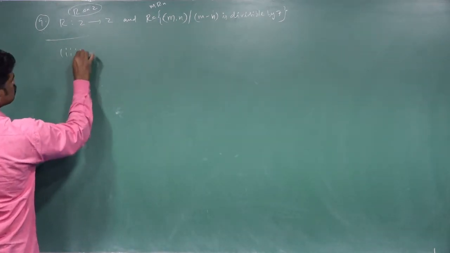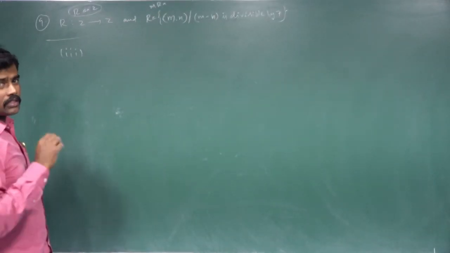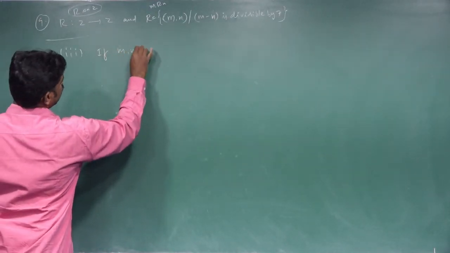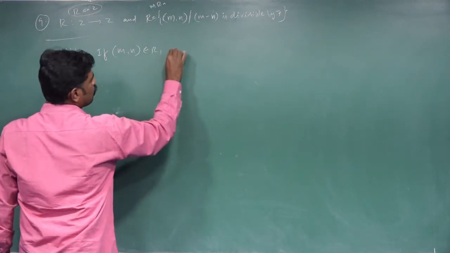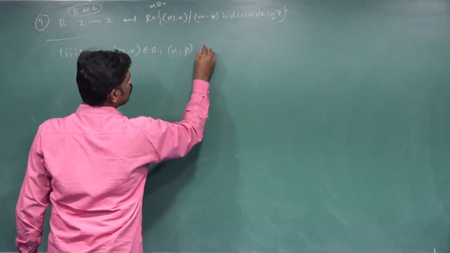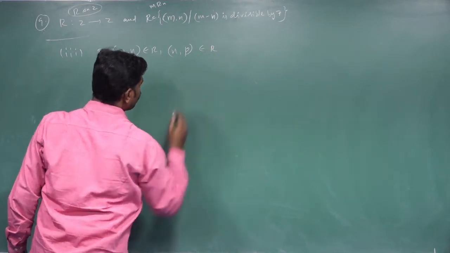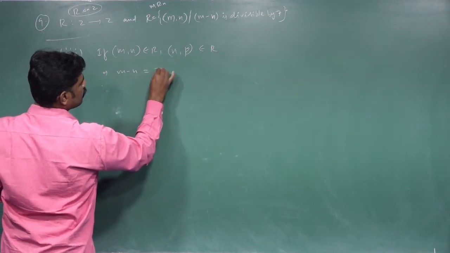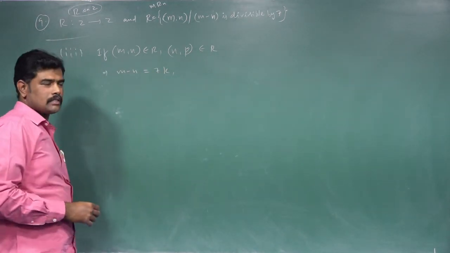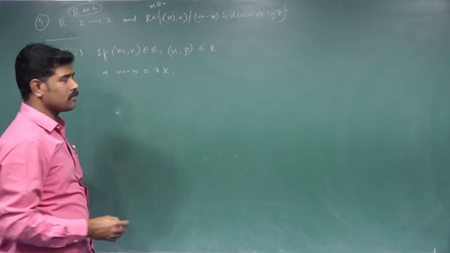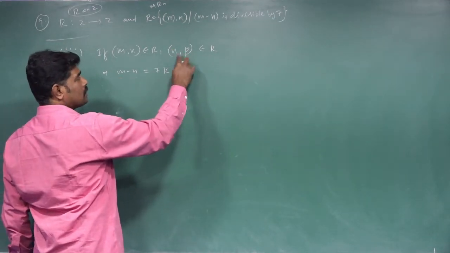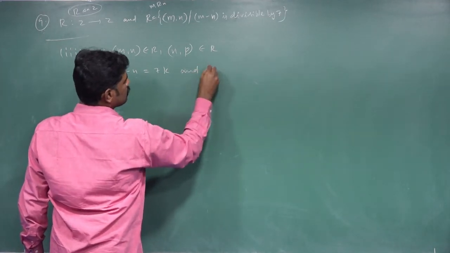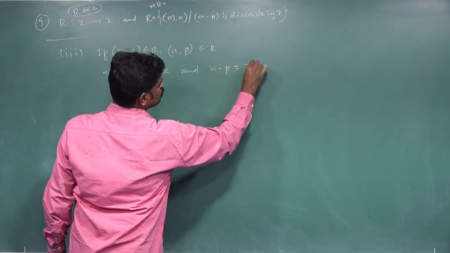Third case. Now, third case, if M comma N belongs to R and N comma P belongs to R. So this implies M minus N is equal to 7 times K, that is, divisible by 7 means a multiple of 7. And the pair N comma P also belongs to R means N minus P is also a multiple of 7, say 7L.